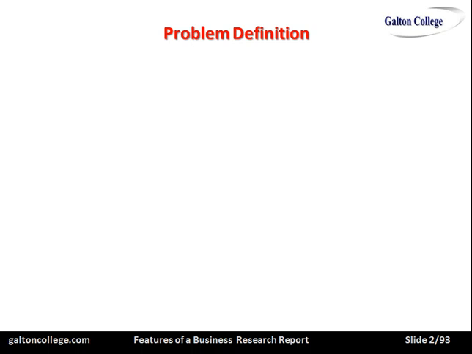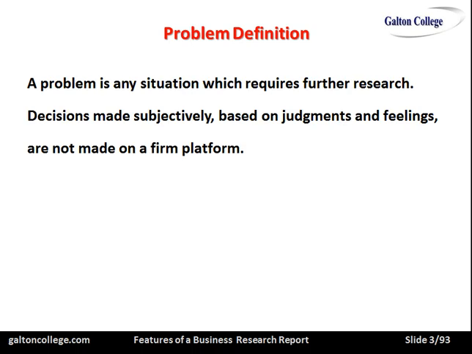But in terms of the problem definition, well, a problem is simply any situation which requires further research. That's all a problem is. A problem is an issue that needs investigation. Decisions made subjectively based on judgments and feelings are not made on a firm platform.